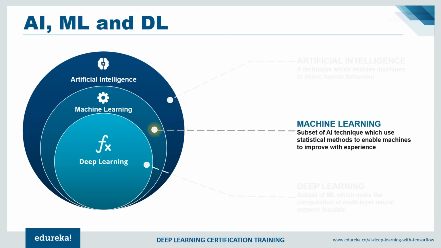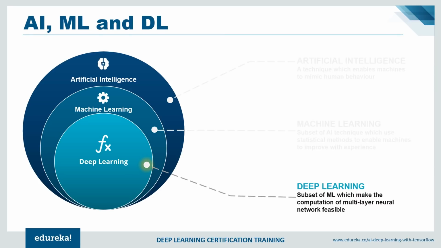Now, machine learning is a subset of artificial intelligence which uses statistical methods to enable machines to improve with experience, whereas deep learning is a subset of machine learning which makes the computation of multi-layer neural networks feasible. It uses neural networks to simulate human-like decision making.